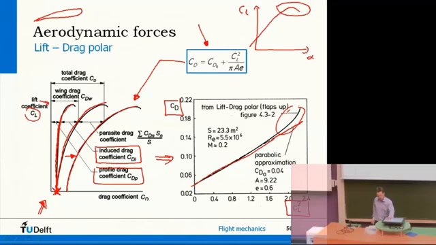It's just that once you've reached this portion of the lift coefficient where stall starts to occur, then it's not such a good equation anymore. But you have to realize that in normal flight, you will always have a speed which is higher than the stall speed, so that's not really relevant. So this equation is really a good equation.